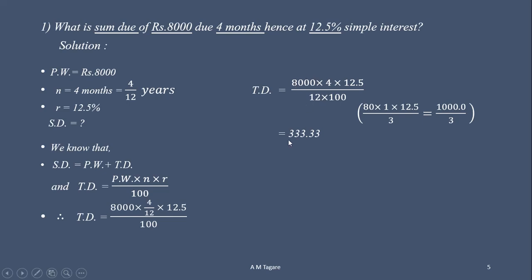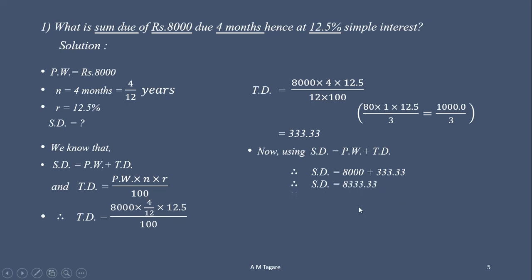It is equal to 333.33. Now we want to find sum due. We use this formula. Sum due is equal to present worth plus true discount. We substitute these values. Present worth 8,000, true discount 333.33.